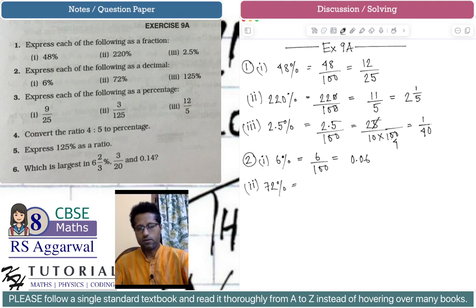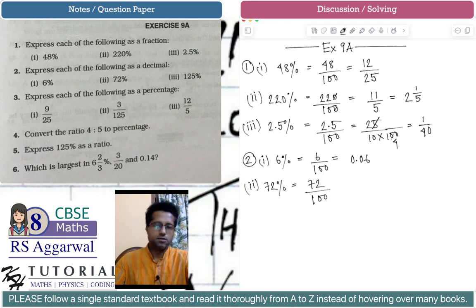So first we have to convert 72 percentage as a fraction, and it will be 72 by 100. Now we have to convert this fraction as a decimal, which will be equal to 0.72.